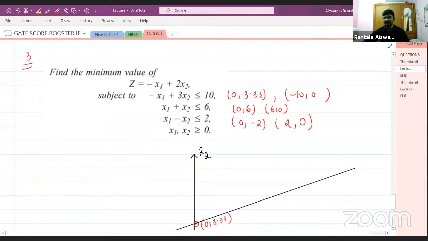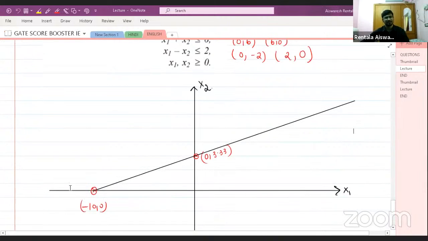As far as our GATE examination is concerned, it will always be mentioned that x1 comma x2 is greater than or equal to 0. A straight line can be extended to any quadrant or anywhere, so you just need 2 points. One of the points was negative, so no issues with that. You extend it to the first quadrant.